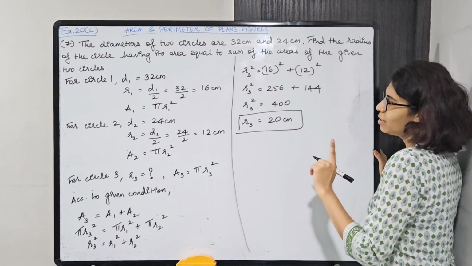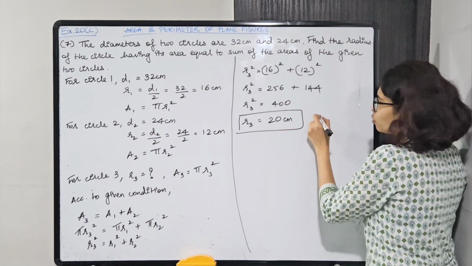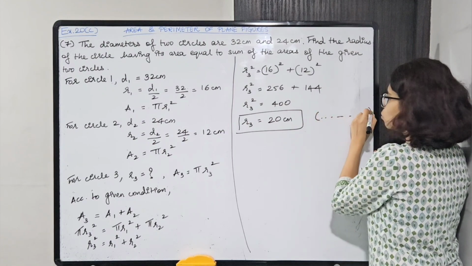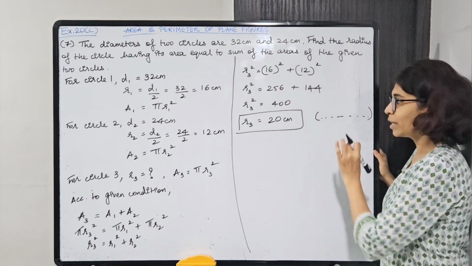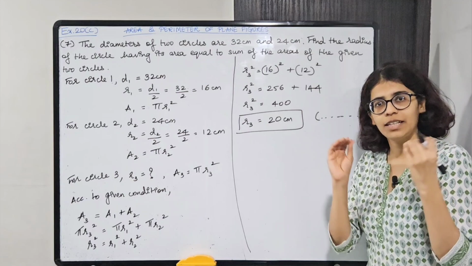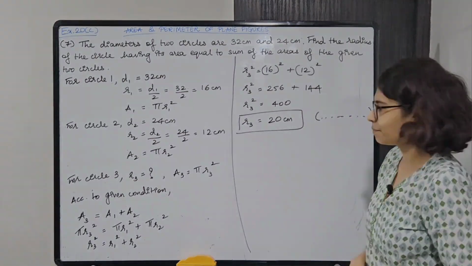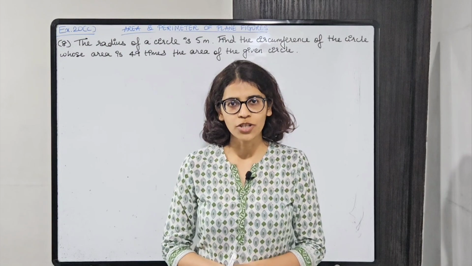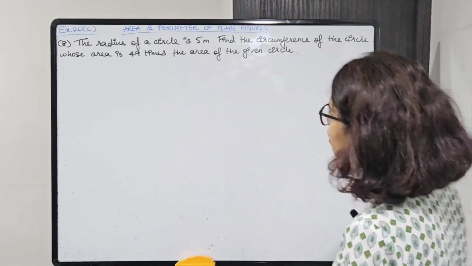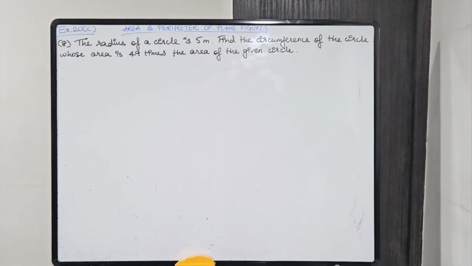Also one more thing, here you have taken square root, so you have to give reason: taking square root on both the sides. Alright, so whenever you're taking square root, squaring, taking cube root or cubing, give reason. Alright. Next question, question number 8. The radius of a circle is 5 meter.